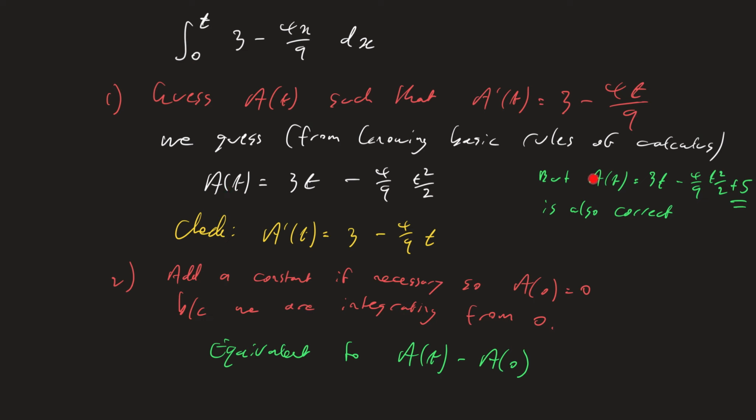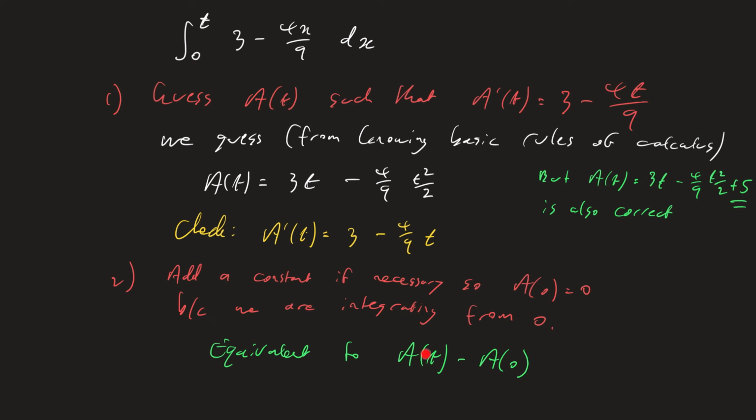But I want to point out that I could also add any constant I like on the end of A of t, and I'd still get the correct answer, because when I differentiate a constant, I get 0. This means that step 2 is that I might have to play around with this constant at the end to make sure that when I compute the area at 0, I get 0, because that's my lower limit here.